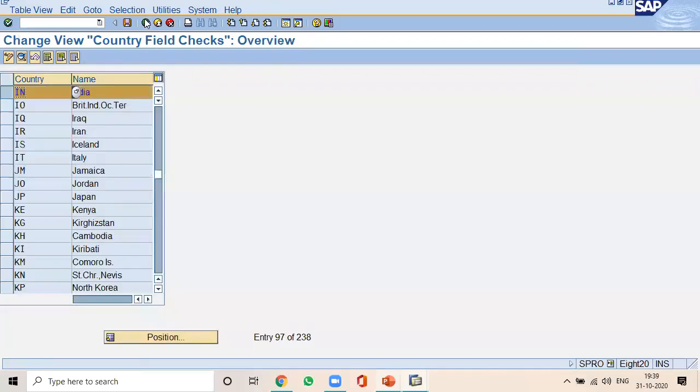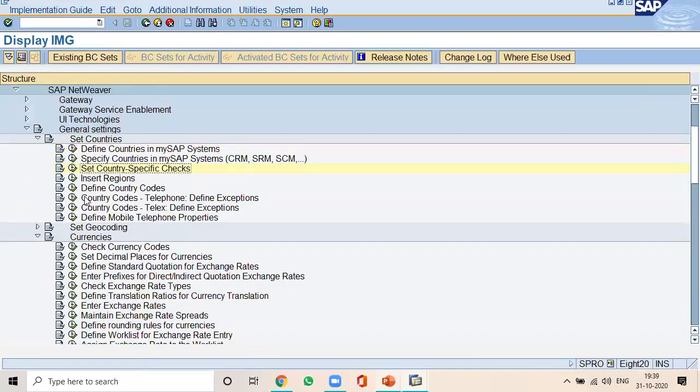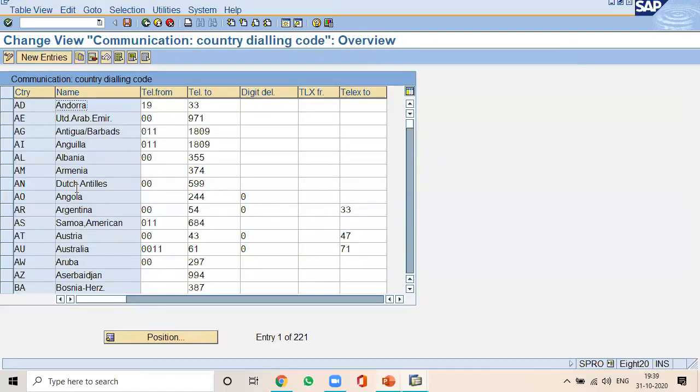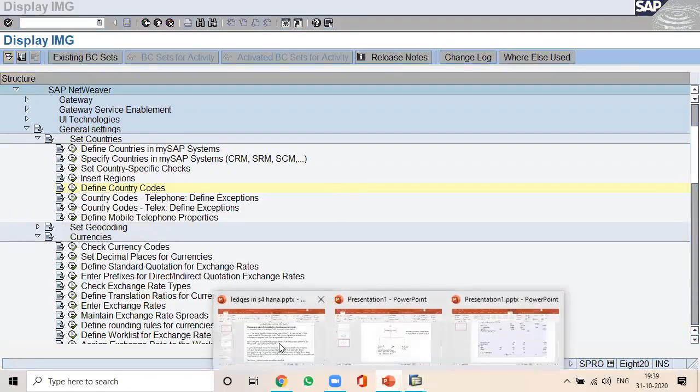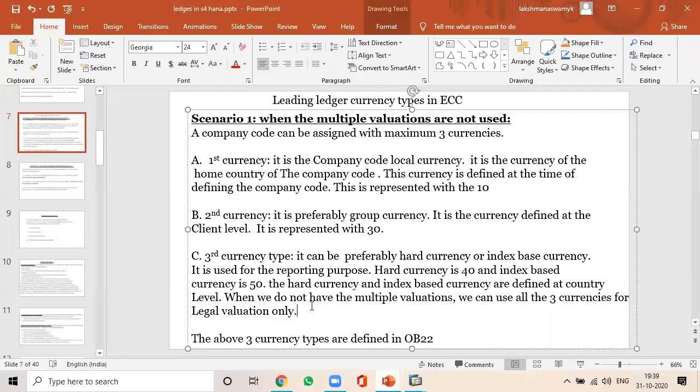Not this one. Okay, I will show you where we can define that hard currency and index-based currency at the country level. Tomorrow, in tomorrow's class, I will show you. I forgot the path actually.